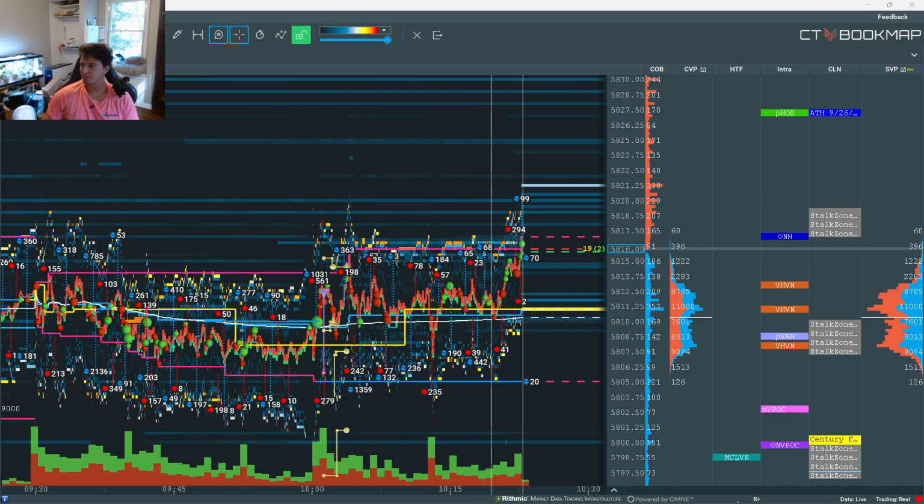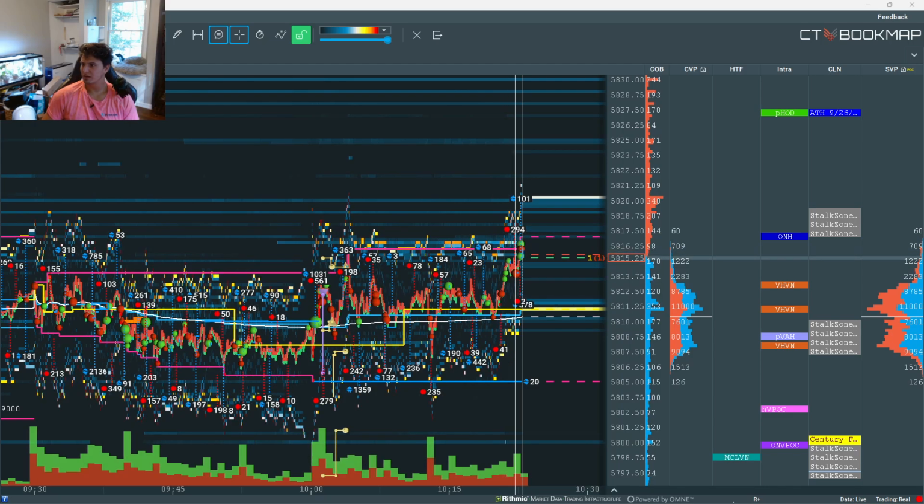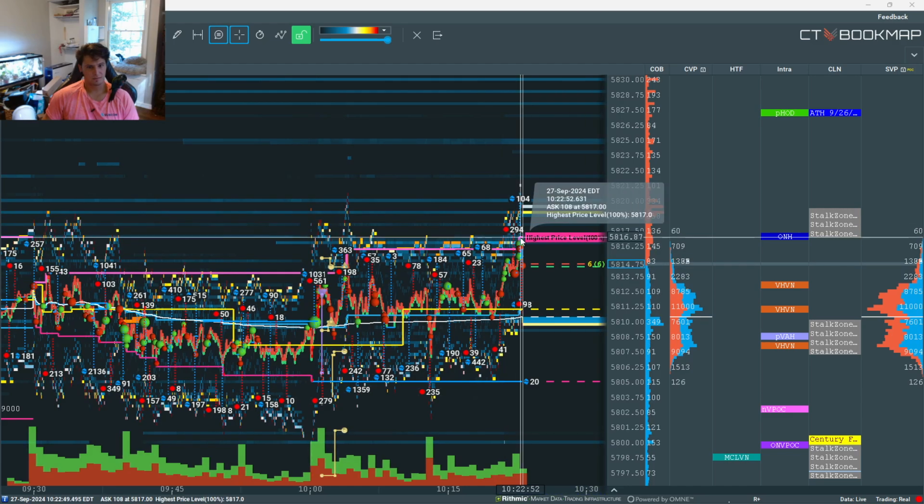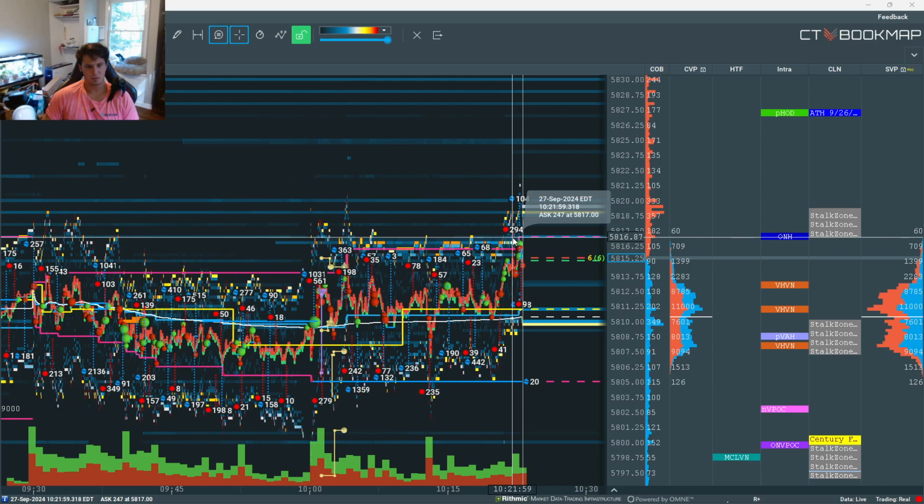There's a tap. This is where we want to be patient to not enter too quickly. The stat is a break, not a double top.